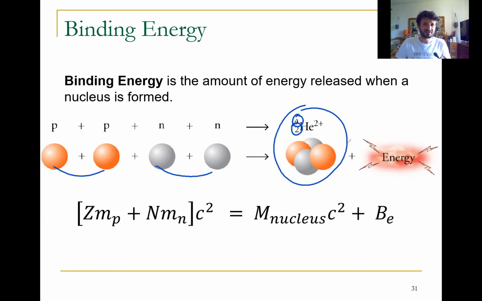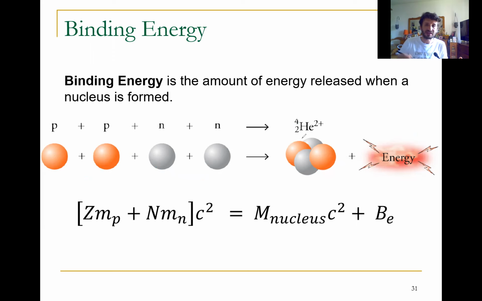And after the reaction, we have a quantity of energy released from the system. So this energy also is the binding energy. Okay, it's the binding energy. If we apply the conservation of energy between before and after the reaction, we do the same as before.